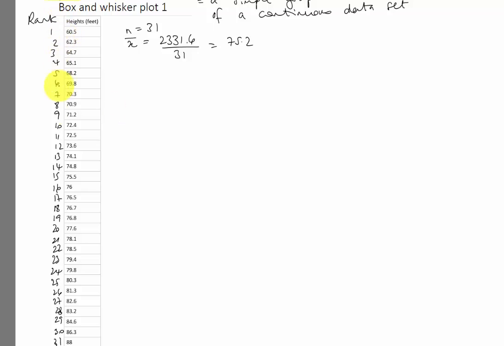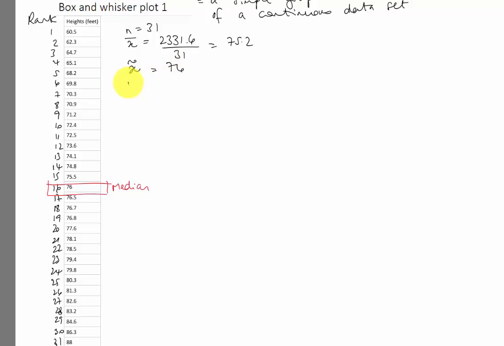That is the number where there are 15 numbers larger and 15 numbers smaller. So that's the 16th value here. It's the middle number. So that's our median, X with the squiggle on top, so that's 76.